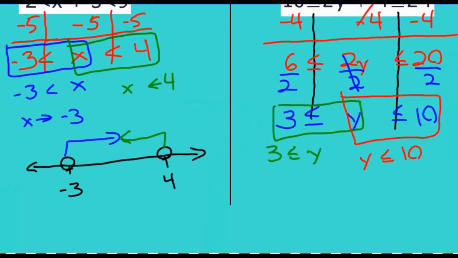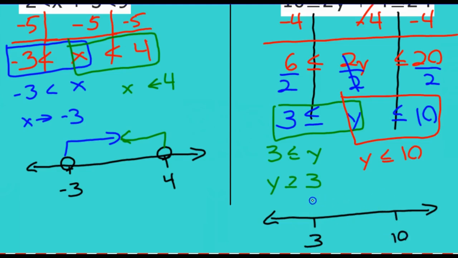So we can't have our variable on the right side, so I need to flip this again. So we have y is now greater than or equal to 3. Finally, we got to graph it. 3 is the smaller one, it goes over here. 10 is the bigger one, it goes over here.